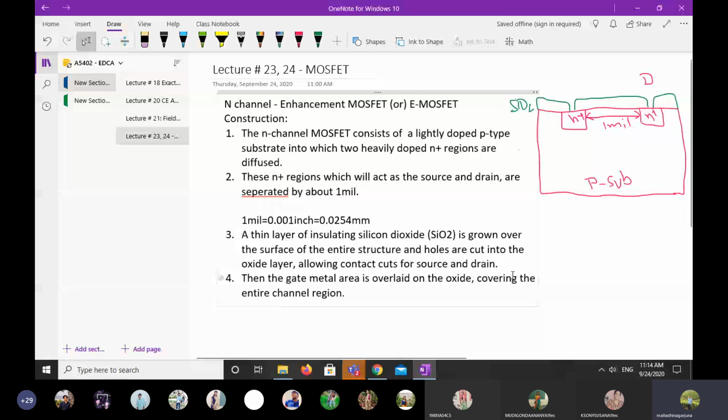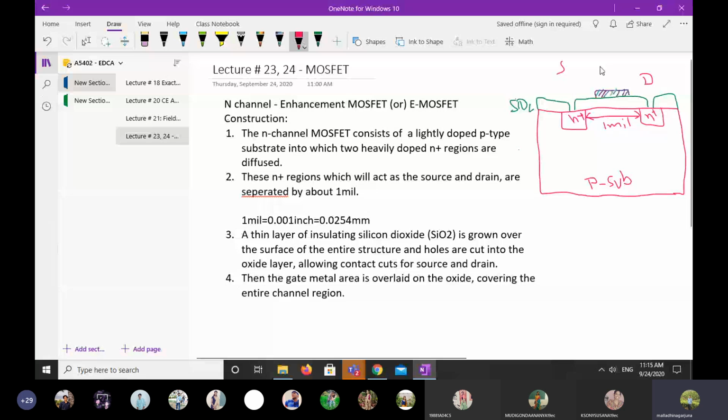So from this, what you can write, this step, some metal, I'm taking some other color, some gate. This is the gate area. So here we are connecting metal. This will be the gate terminal.